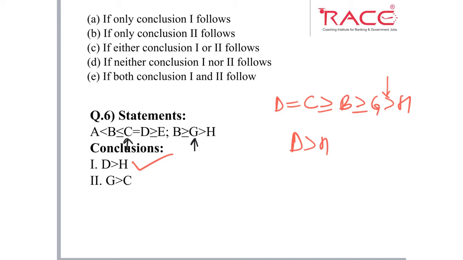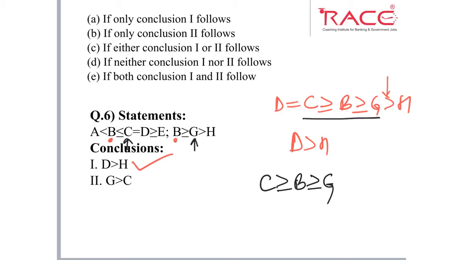Here we have C. Again, the element which combines both the statements is B. So again we will rewrite this statement. So C greater than equal to B, then B greater than equal to G, or it is already written here.